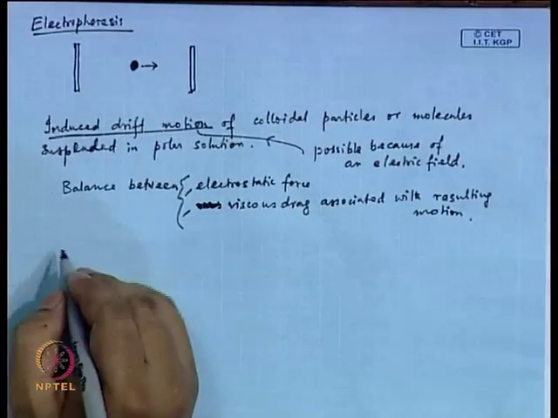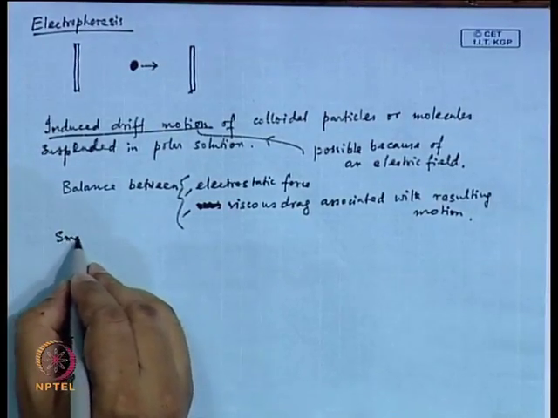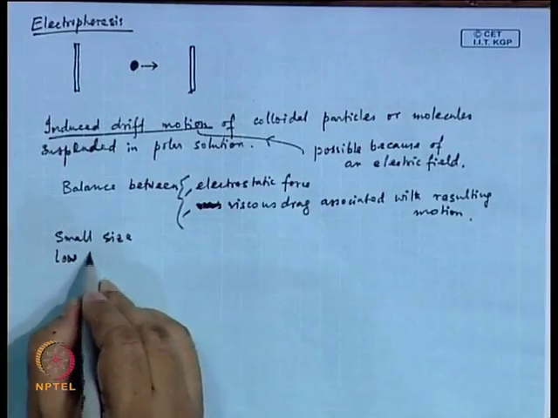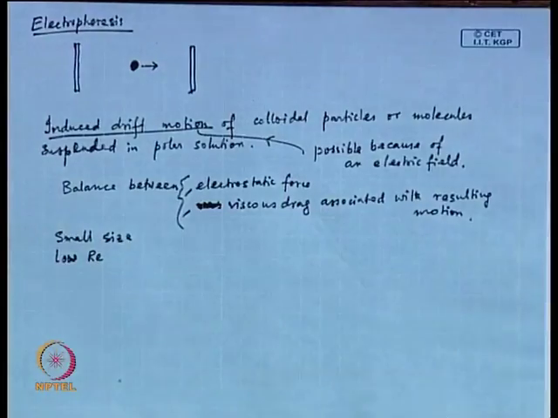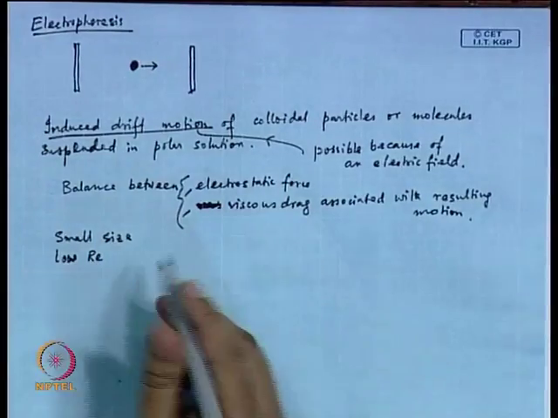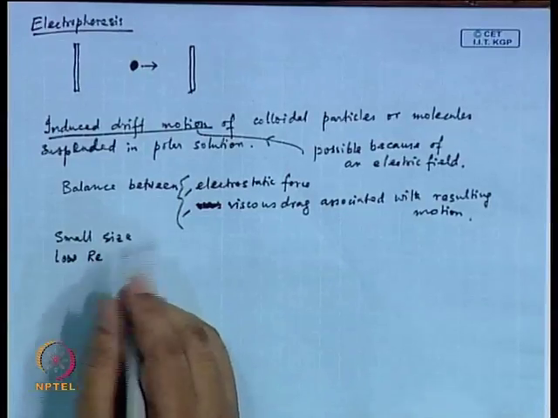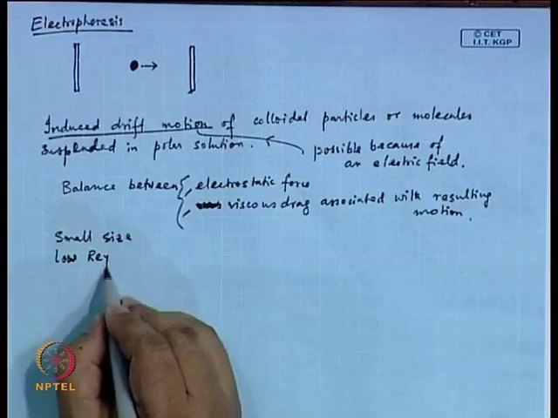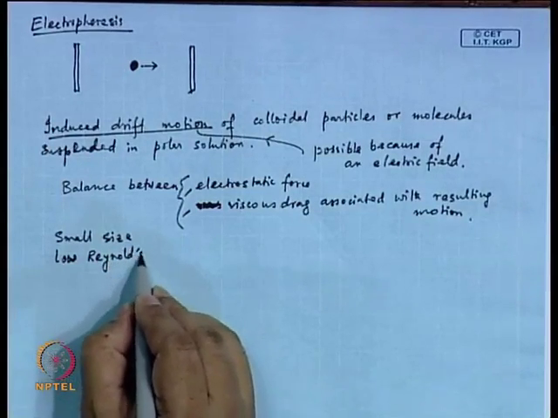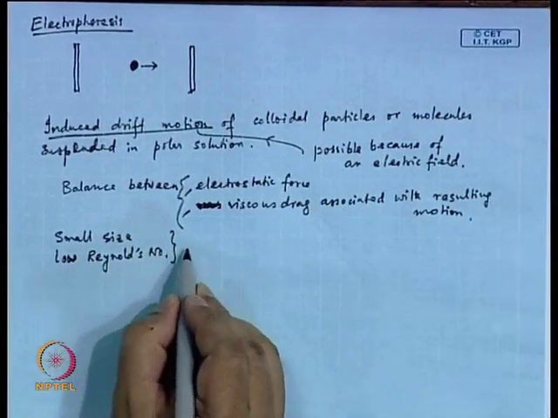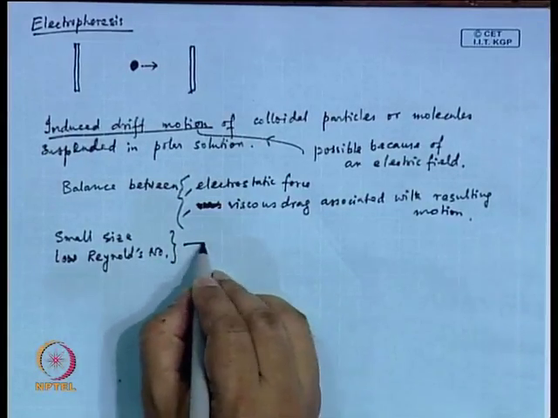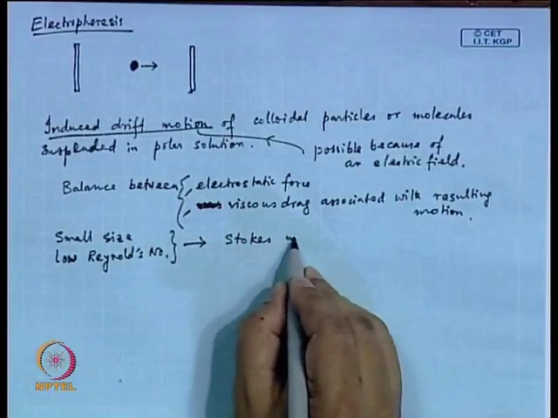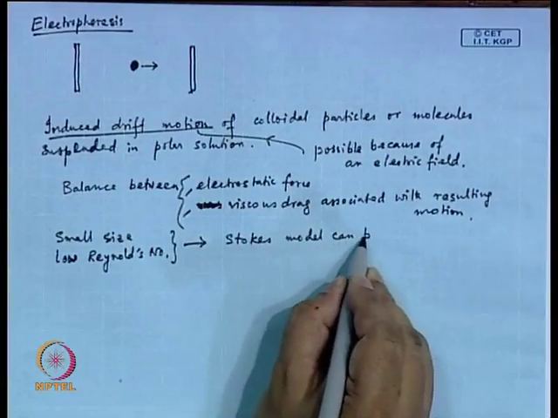Now, because of small size and low Reynolds number, you cannot expect that the particle will be moving like a ballistic item. So, small size and low Reynolds number, this means that the Stokes model can be used.